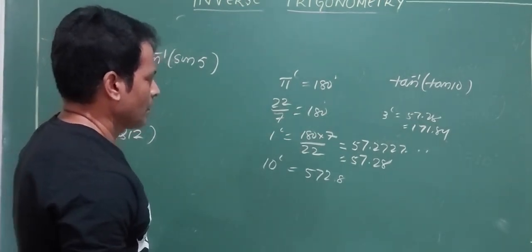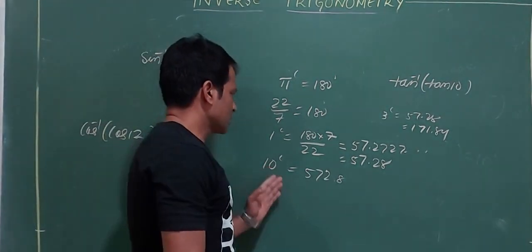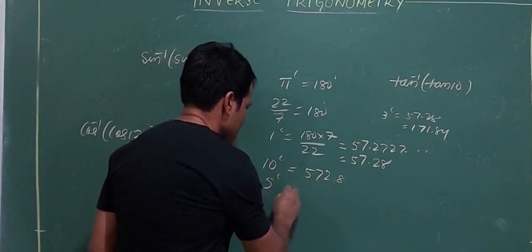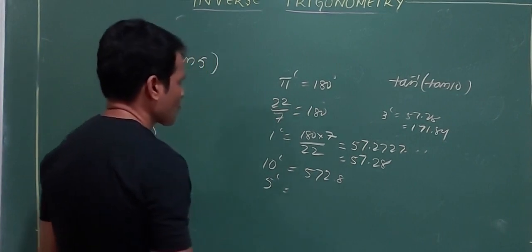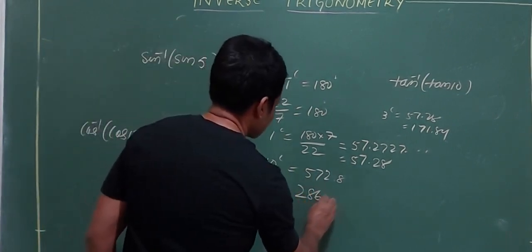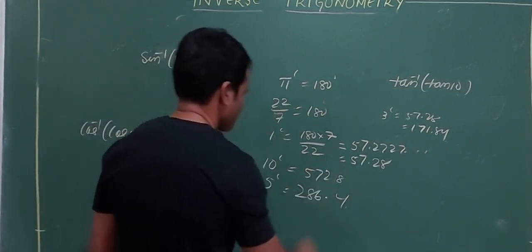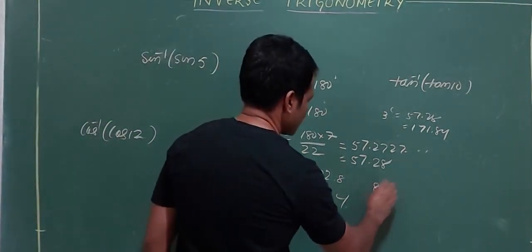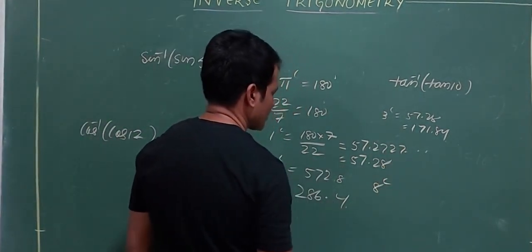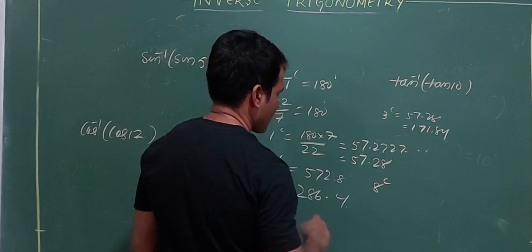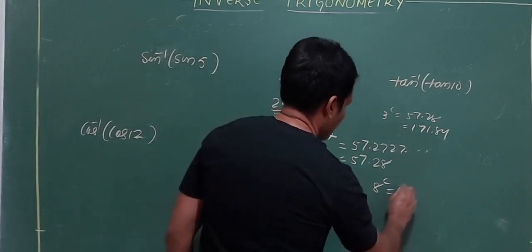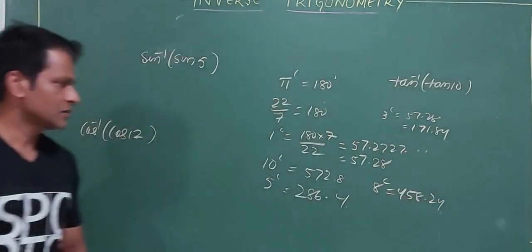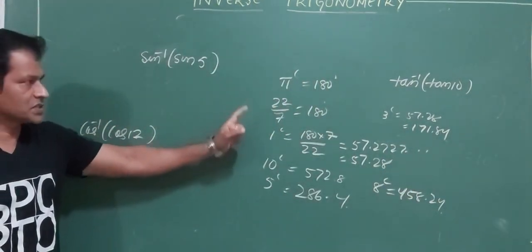So 10 radian also you can calculate. 5 radian also you can calculate. 5 radian is equal to half of this, 286.4. Similarly, 8 radian also you can calculate. 8 radian is 458.24. Right, fine. So this is the way you can calculate.